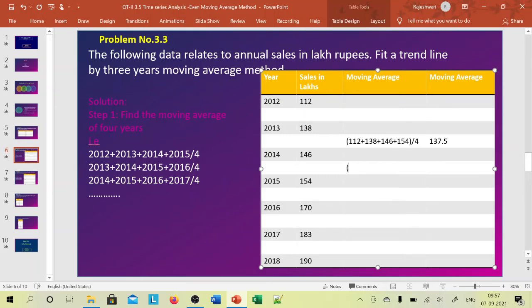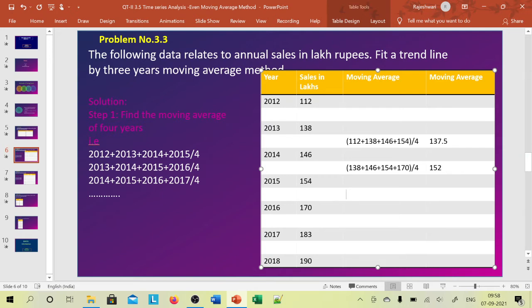I should start from 2013. So 138 plus 146 plus 154 plus 170. So it should be the total and divided by 4 years. So average is 152.